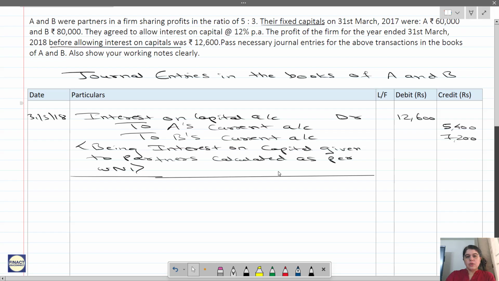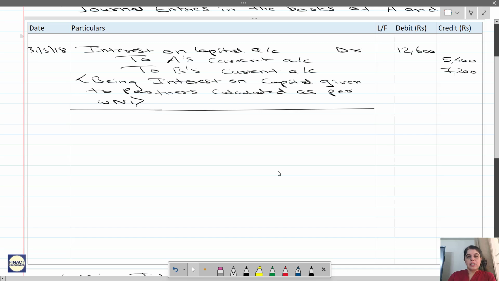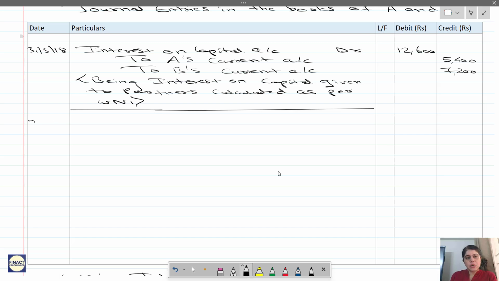Now what we need to do is transfer this interest on capital to the profit and loss appropriation account. So on 31st March 18, interest on capital has a debit balance, so it will go to the profit and loss appropriation debit side.